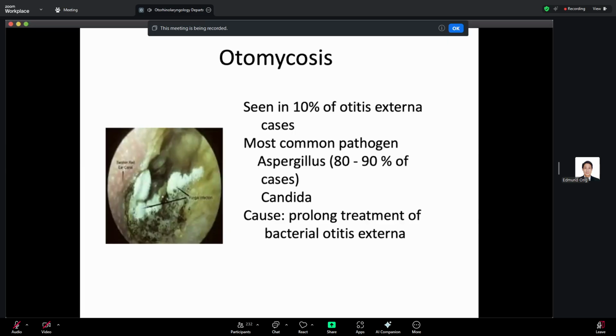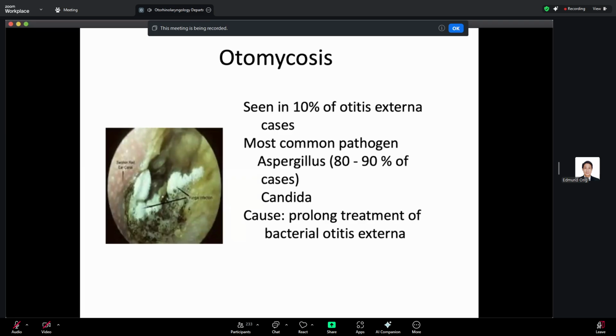Otomycosis is also a very common disease entity of the external canal. It is seen in 10% of otitis externa cases. The most common pathogen is Aspergillus, sometimes Candida also. This is secondary to prolonged treatment of bacterial otitis externa. So the situation is, a patient came to you because of bacterial otitis externa.